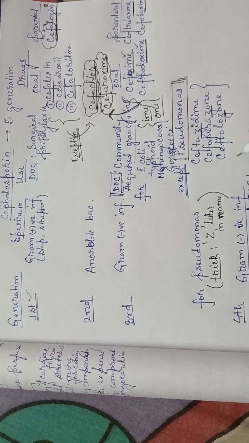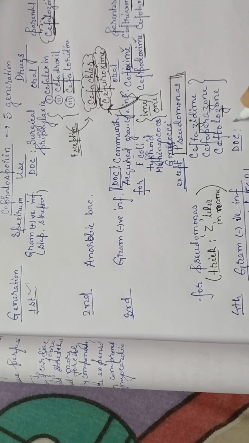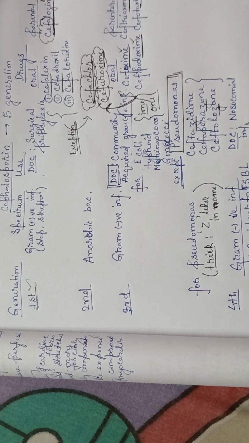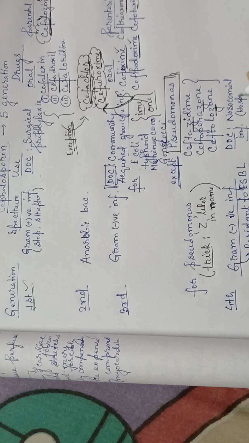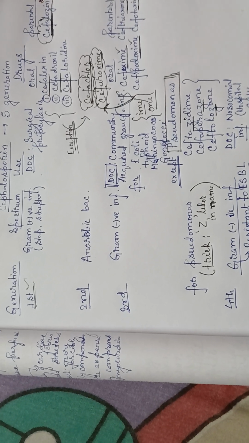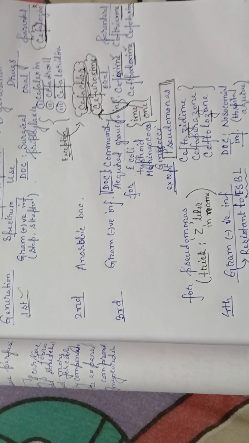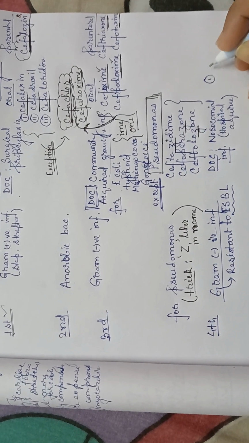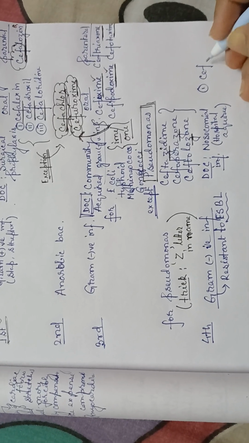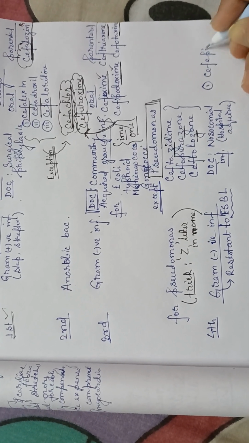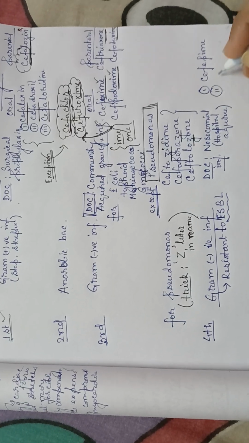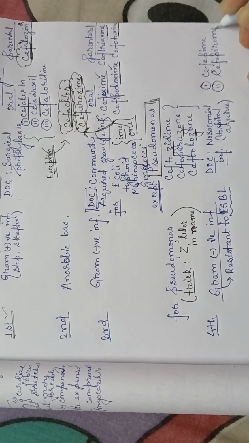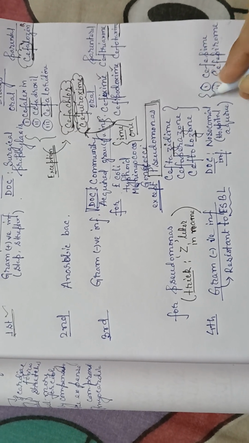So it is the drug of choice for nosocomial infection. Nosocomial means hospital acquired. The drugs are: we have to remember two drugs, first cefepime and second cefpirome. We have to remember only these two drugs in this section.